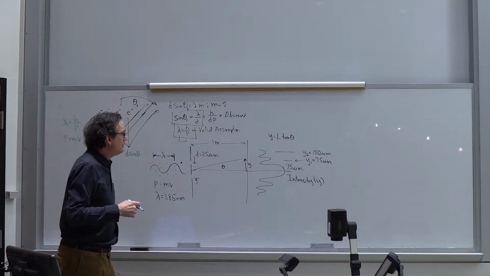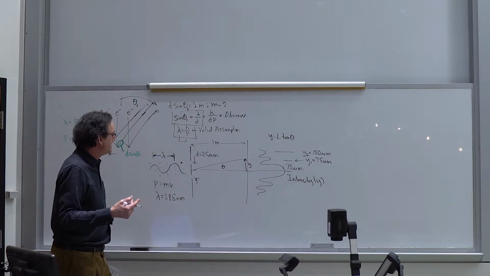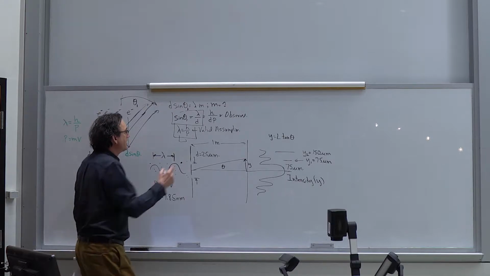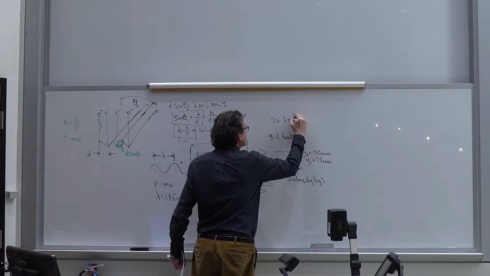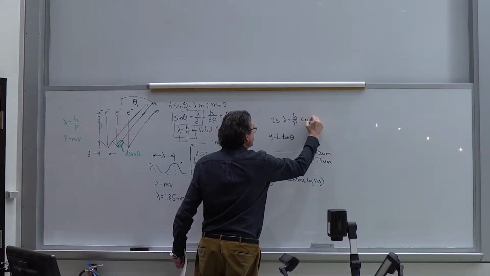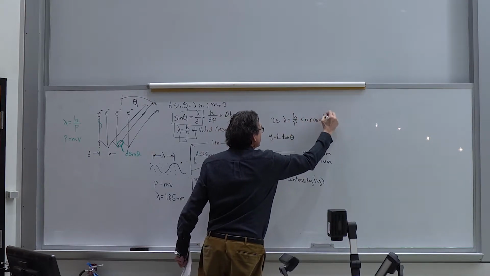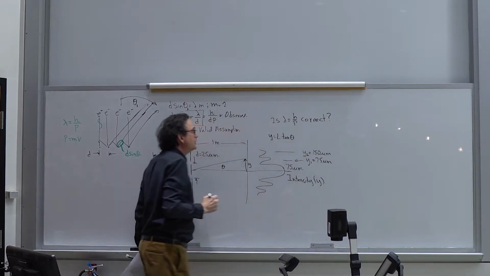We now have an ideal case to be able to test the de Broglie hypothesis. Is lambda equal to h over p correct? Is this correct? Right? And we wish to test it.